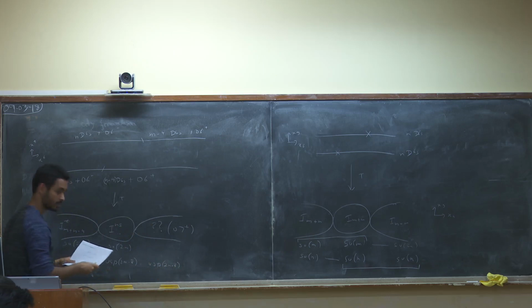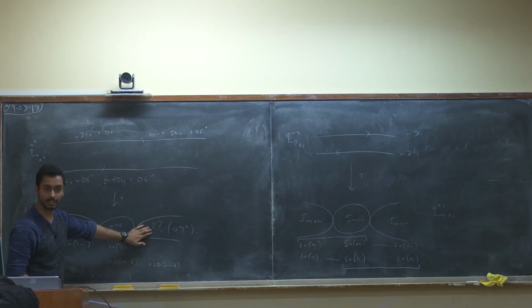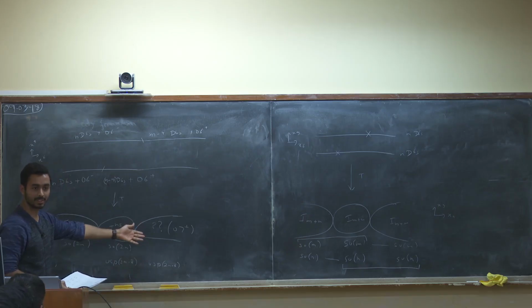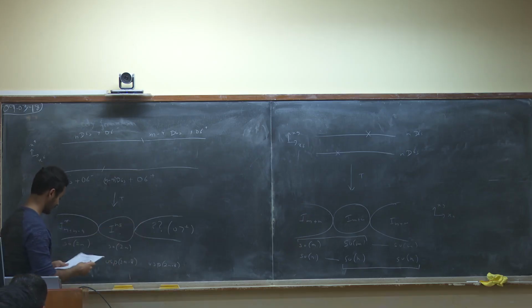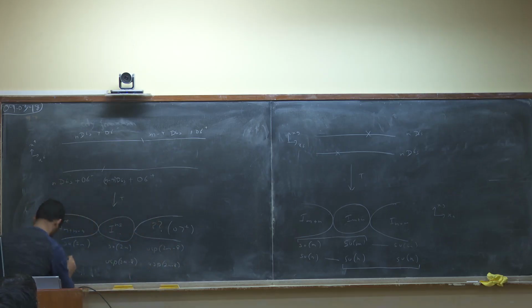Sorry, I thought you don't know that, right? That's the question mark. Question mark is about what is the singularity in F-theory. I told you the answer, but let me keep it there. Okay, and again you have USp(2m minus 8) here, and then SO(2n) here.